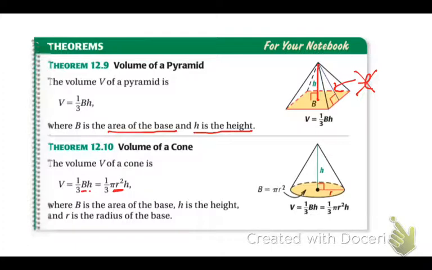And just like the pyramid above, the h that we're using is this vertical height from the base to the highest point of the cone. You are not using the slant height. Don't use that for volume. You will use it for surface area, but not for volume. So make sure you get that clear in your mind.